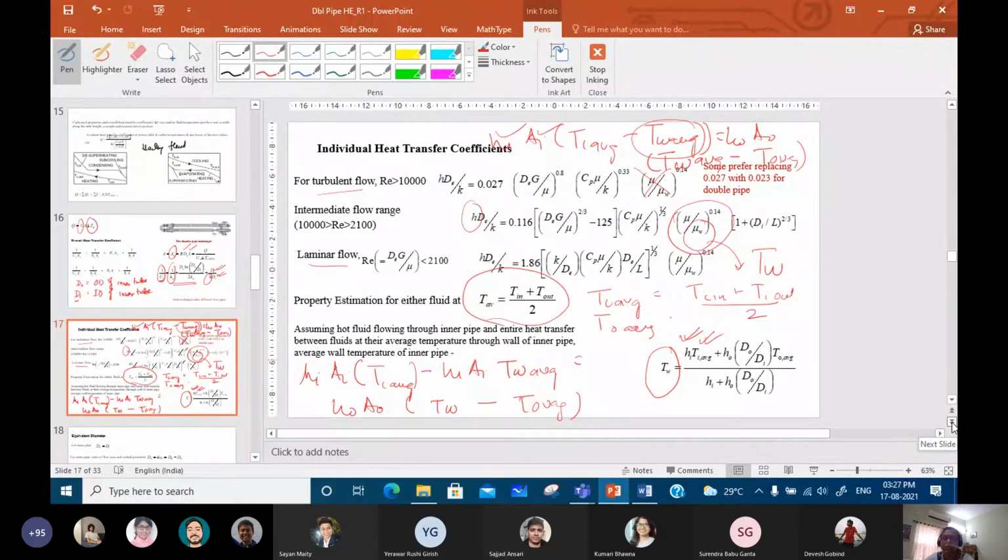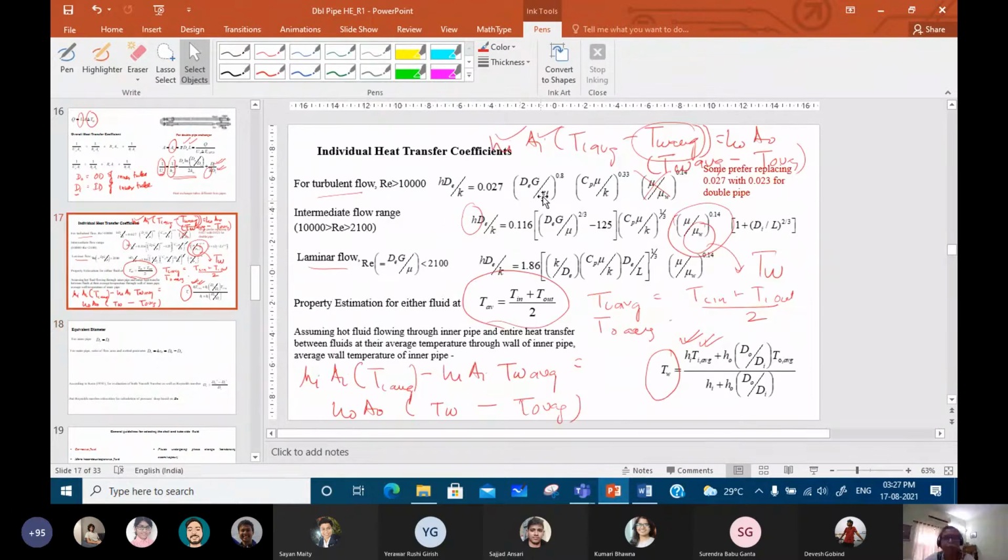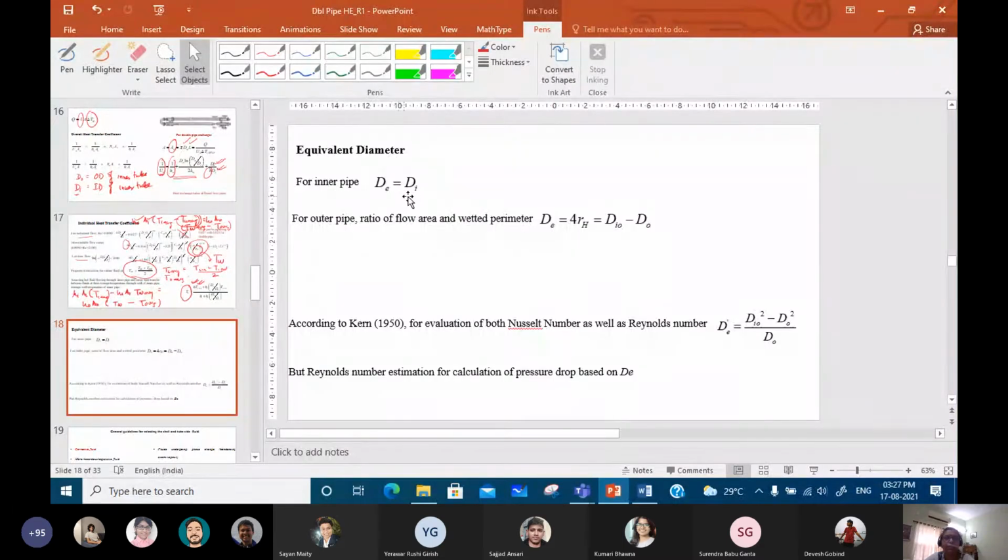You can refer to different nomograms, etc., for going ahead with this. Well, once you know hi and ho, for finding this out, you need to know the diameters. So there's nothing for me to say. For the inner pipe, it is the inside diameter of the inner tube, and for the outer pipe, quite naturally, it is the hydraulic diameter, which is nothing but the DIO.